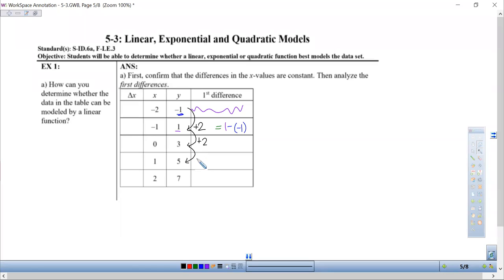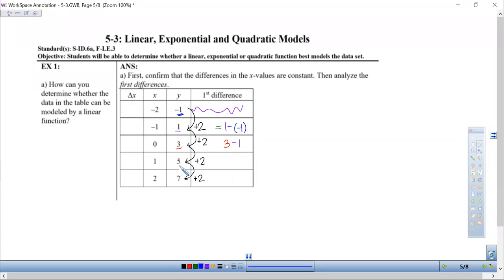I should be able to add 2 to get 5, and add 2 to get 7. And so notice that it worked. If I ever get stuck and I'm not sure if it's right, what I can do is do that subtraction. To find this difference, I would do 3 minus 1, and again, that's that value of 2.